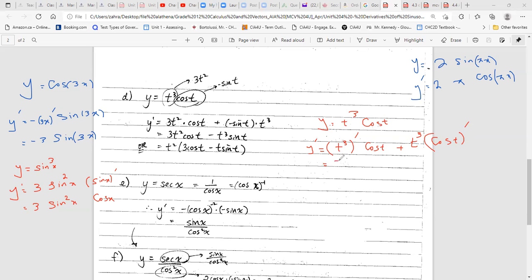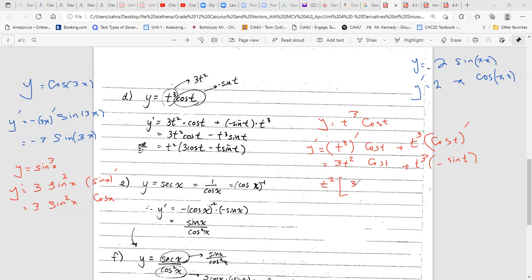Derivative of t power 3 is power in front, power minus 1, right? And here is cosine t. Plus now t power 3. The derivative of cosine t is negative sine t, right? I can factor out t power 2.